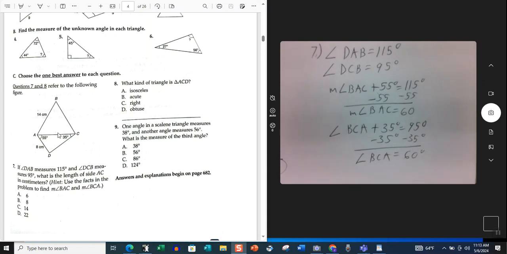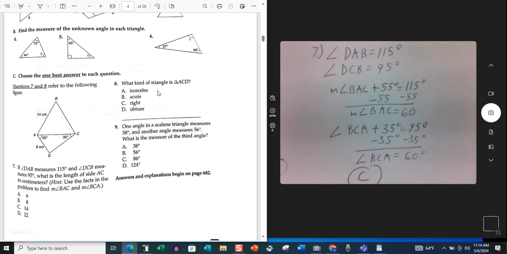So if this angle is 60 and this angle is 60, then that means that angle B has to be 60 as well, because this would be an equilateral or equiangular triangle. Okay, so now it says, what is the length of side AC? So if this is 14, equilateral means all sides are equal and also all angles are equal. So that means AC has to be 14 as well. So 7 would be C.